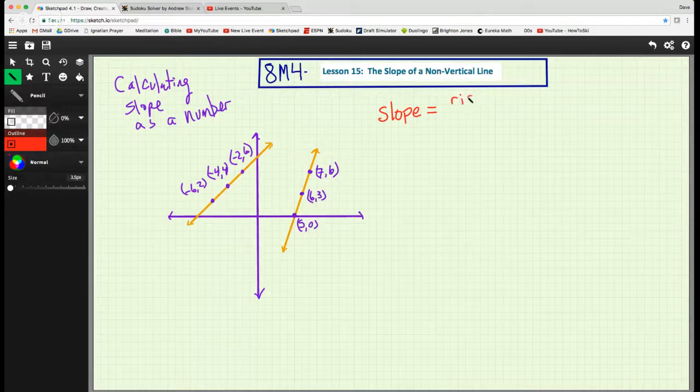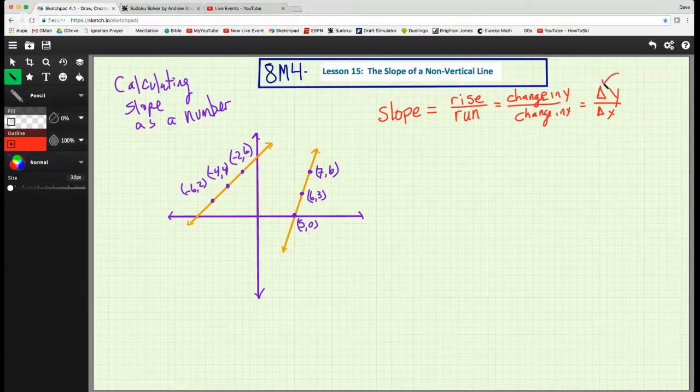Some teachers will say rise over run, and I like this concept, the rise over run. Others will say the change in y over the change in x. And that's also shortened to delta. They call it delta y over delta x.